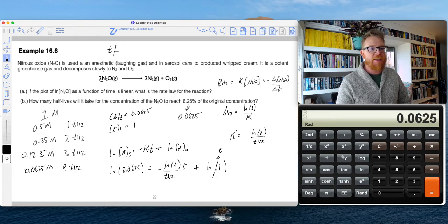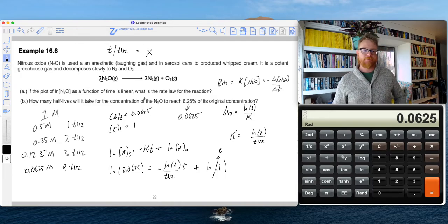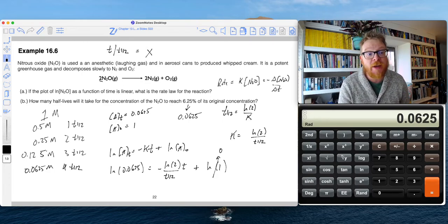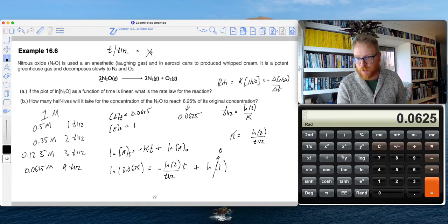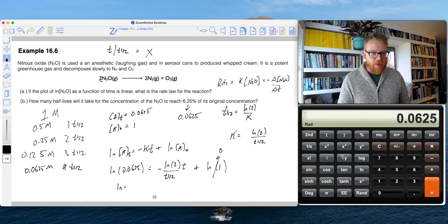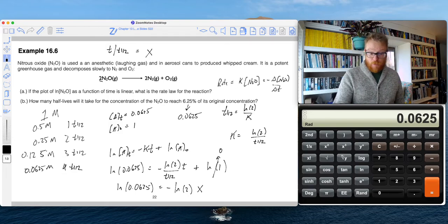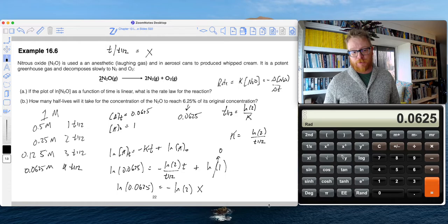If I have t over t 1/2, I'm just going to call all of that equal to x, because if x is equal to 2, that means 2 half-lives. If x is equal to 3, that means 3 half-lives, and so on. So now that becomes natural log of 0.0625 equals negative natural log of 2 times x. And we can solve for x just based on those numbers right there.